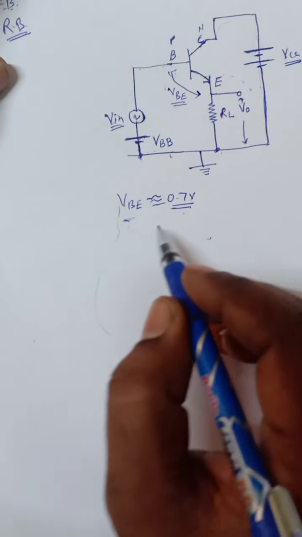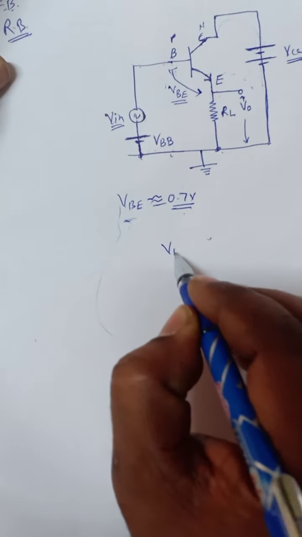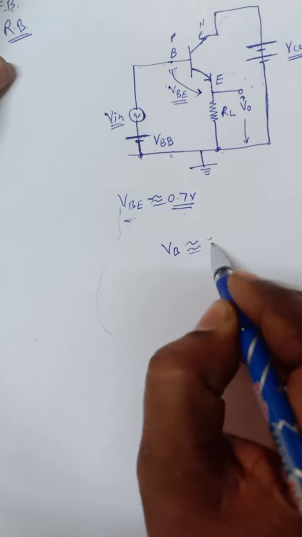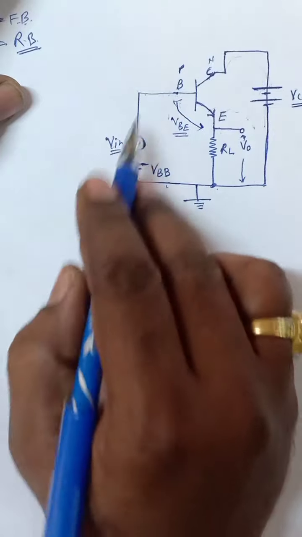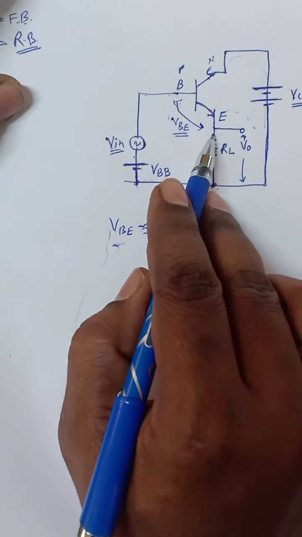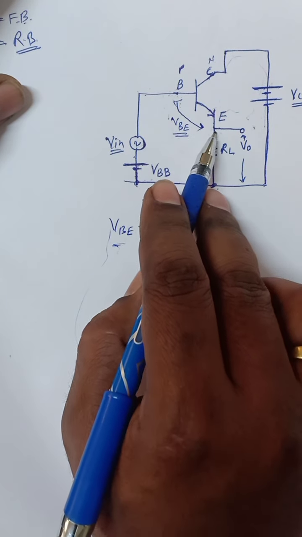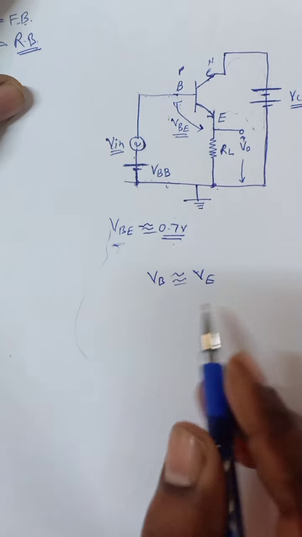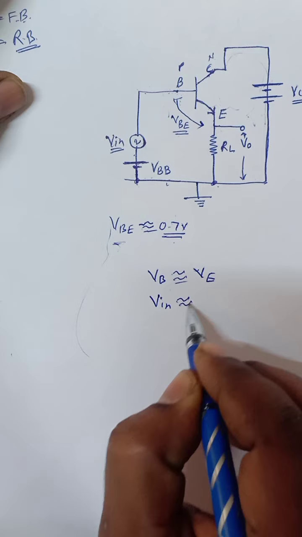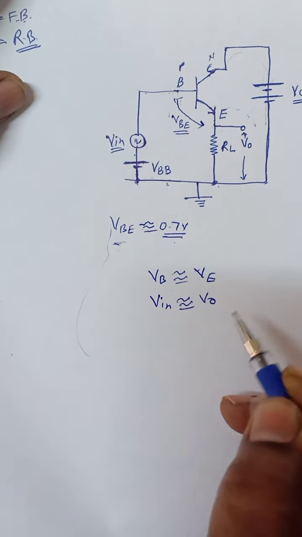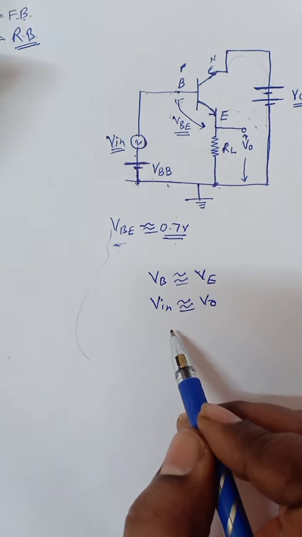So we can say that VB, the base voltage, is approximately equal to the emitter voltage. Here base voltage is the input voltage and emitter voltage is the output voltage. Therefore Vin is approximately equal to VO, the output voltage.